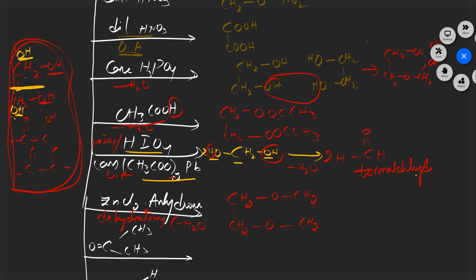So if you are taking glycol, one H plus is going to be released and one more OH minus ion is going to be released. It is going to form cyclic ethers.